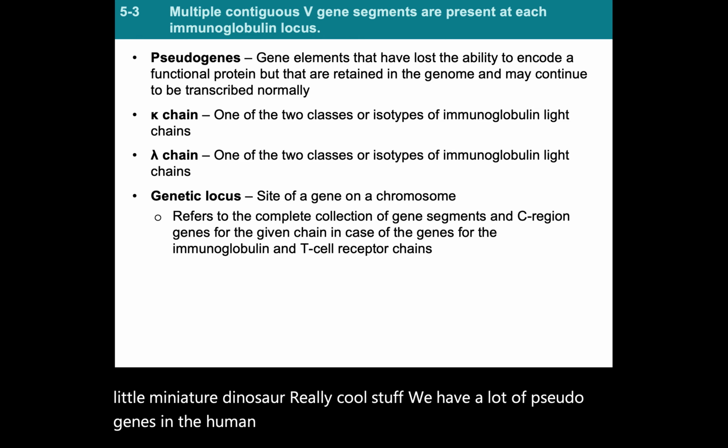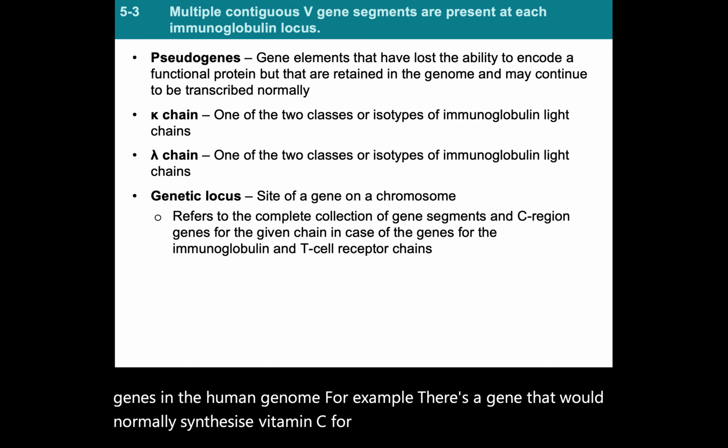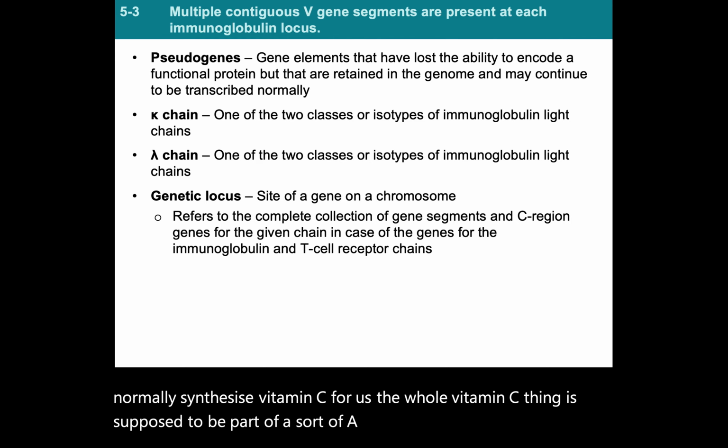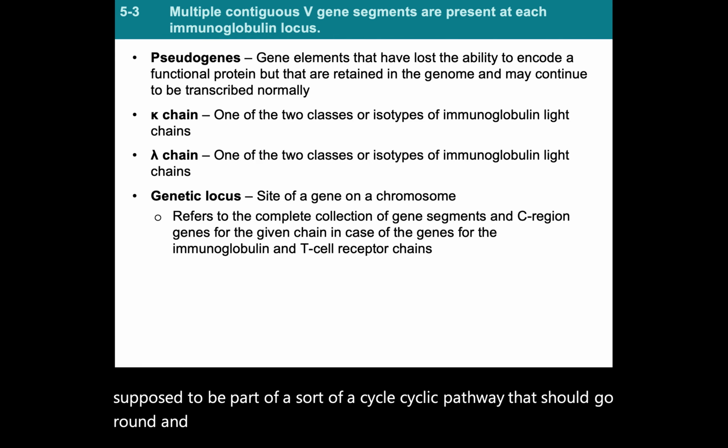For example, there's a gene that would normally synthesize vitamin C for us. The whole vitamin C thing is supposed to be part of a sort of cyclic pathway that should go round and round. And in most animals, including things like whales, it works exactly like that.